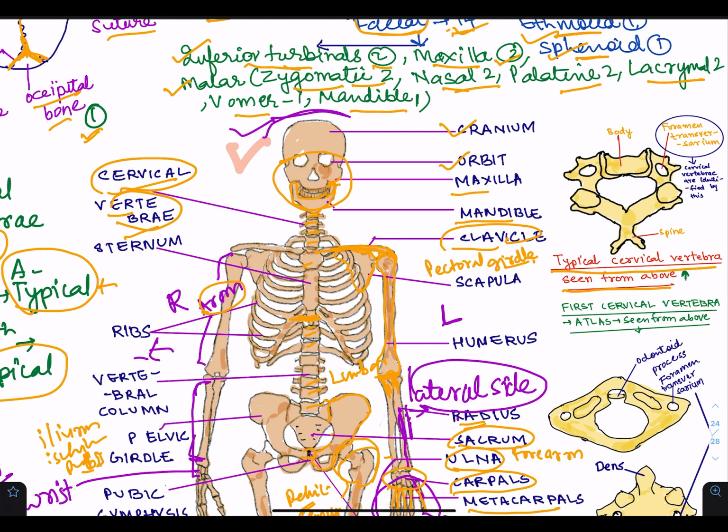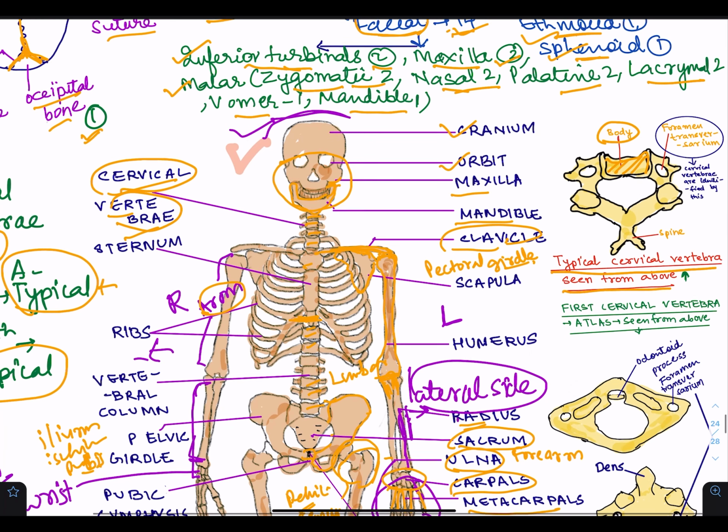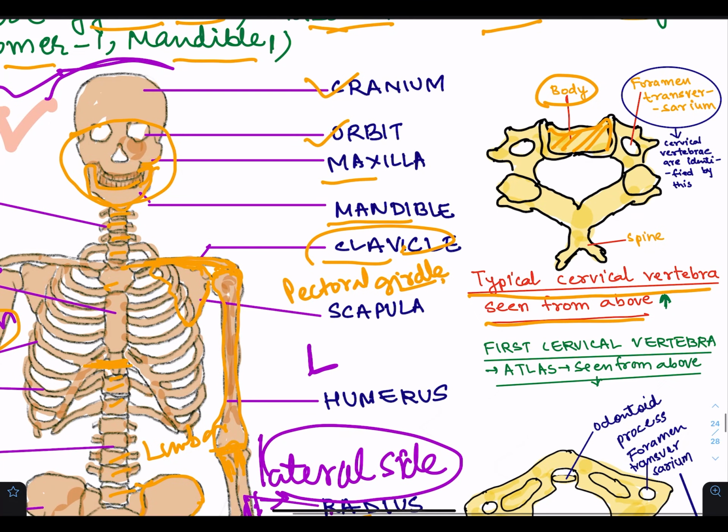See, this is the body of the typical cervical vertebra. These typical cervical vertebrae are identified by this foramen transversarium. This is the identification of a typical cervical vertebra, and this is the spine.